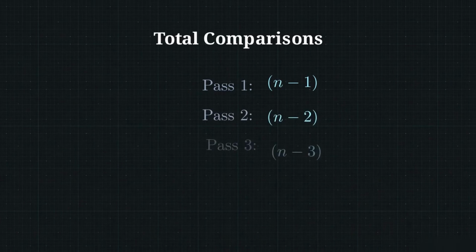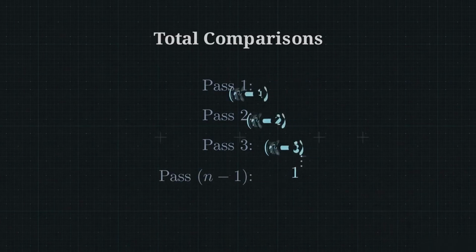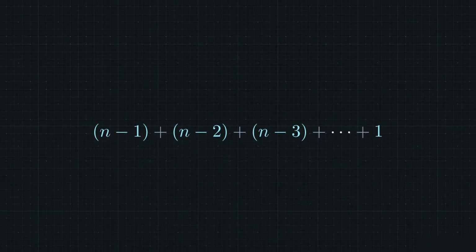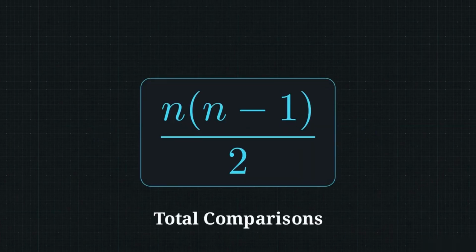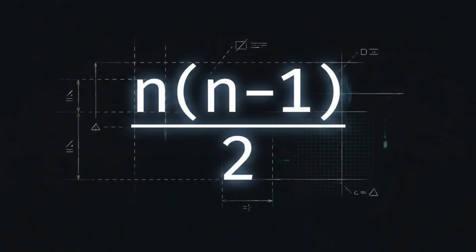Pass 2 takes n-2 comparisons. Pass 3 takes n-3, all the way down to a single comparison. By summing this sequence, we derive the precise, unchangeable formula for the algorithm's total comparison count, n times n-1 divided by 2.